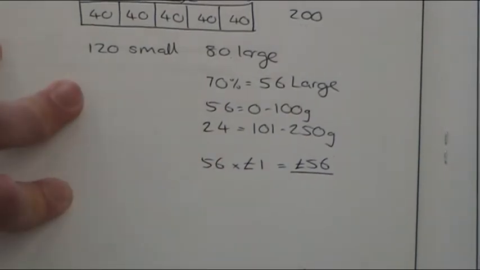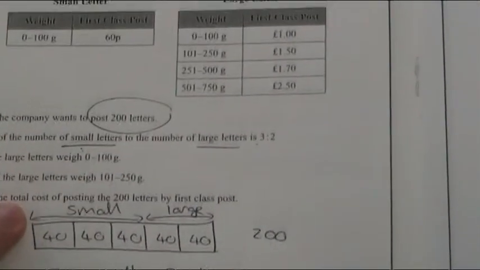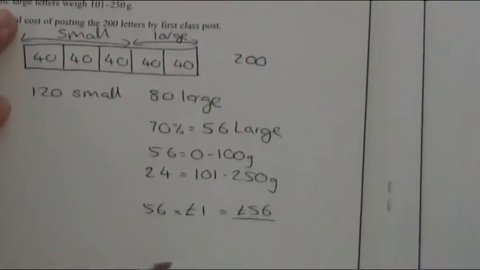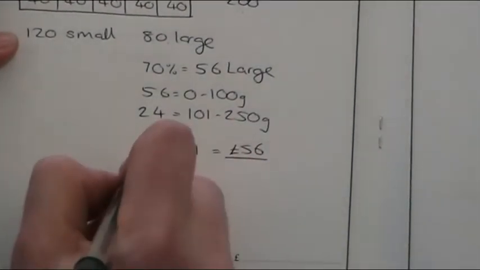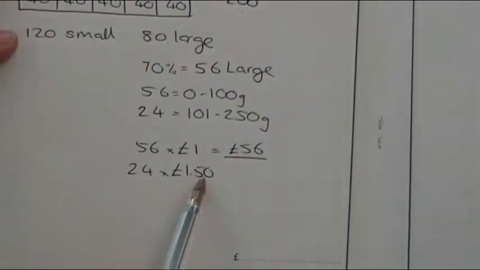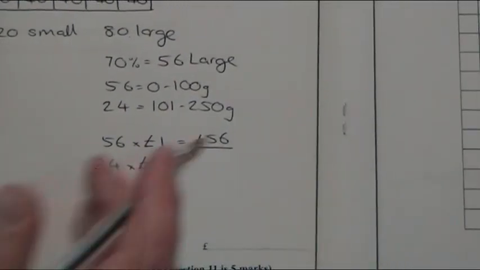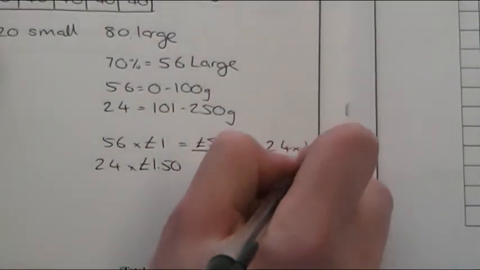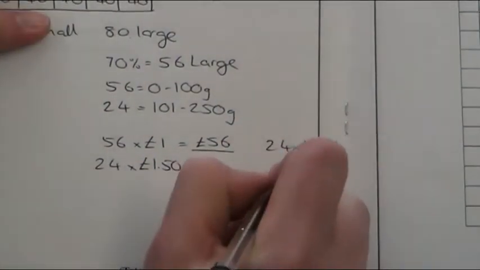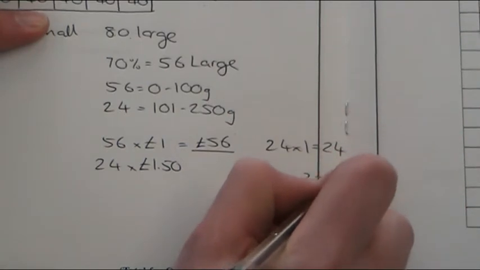Now we know there's 24 of the next bracket. So there's 24 of these. Now, this might confuse a lot of you, but this is an easy way of thinking it. If it was 24 times 1, the answer, of course, is 24. If it was 24 times 2, it's 48.